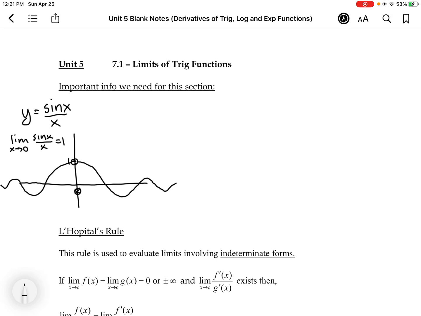We also looked at this graph, y equals the cosine of x minus 1 over x. Again, we're interested in what happens when x equals 0 because we can't divide by 0. What we saw graphically on the very first day of this unit is that there's again a hole at 0, but there is a limit there. And this guy looks something like this.